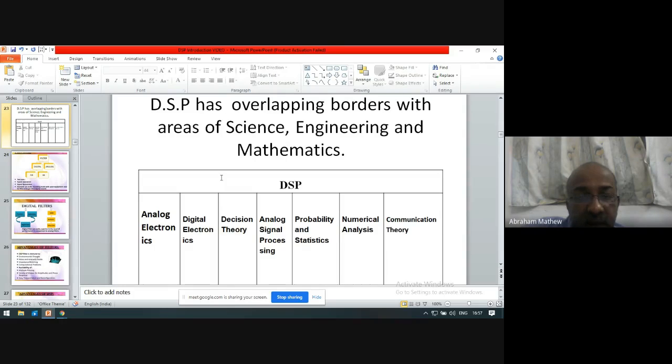DSP is having overlapping borders with many areas. So that is the beauty of this subject.